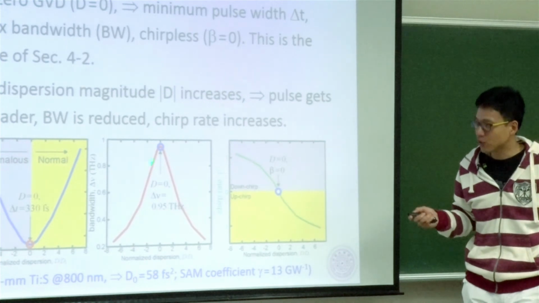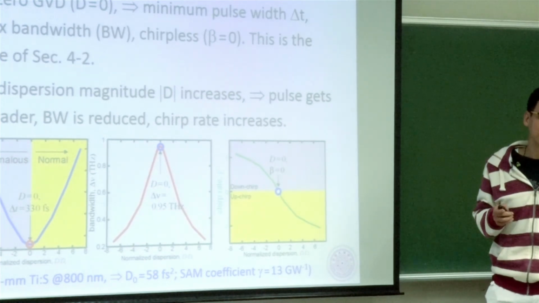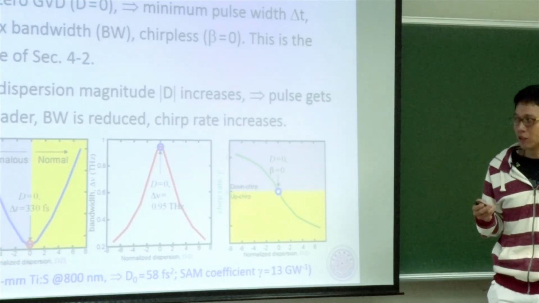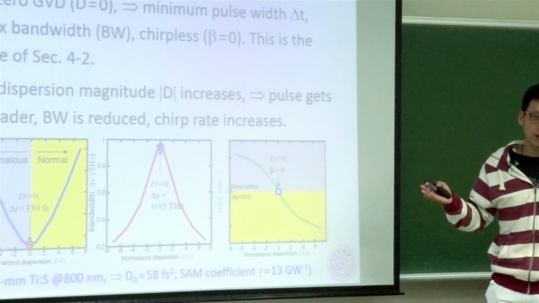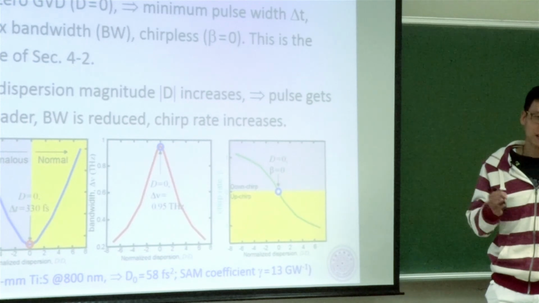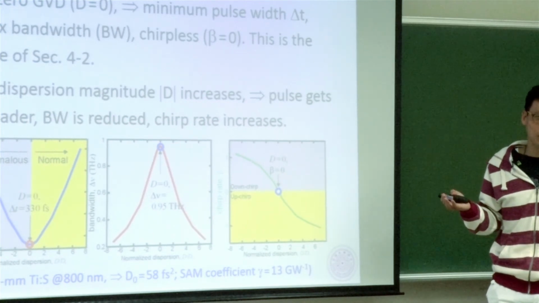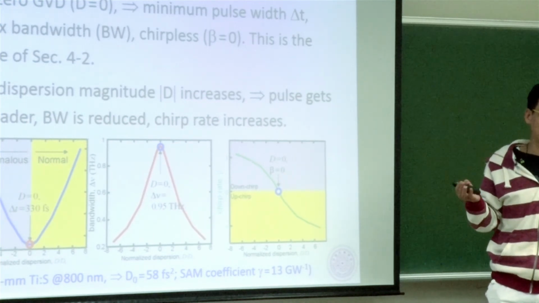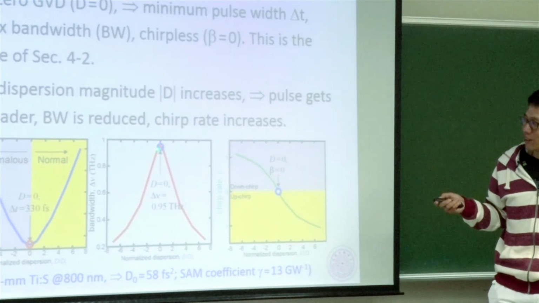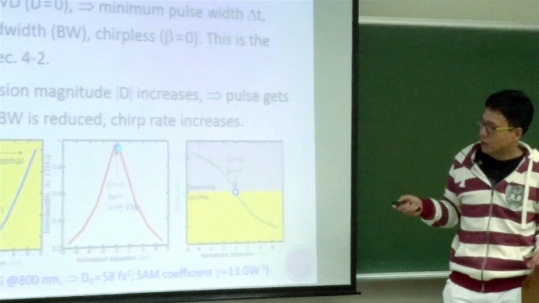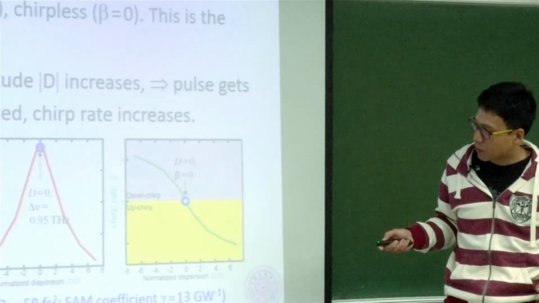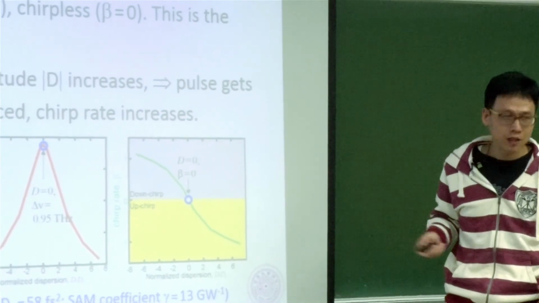How about the bandwidth change? Intuitively, if your pulse duration is broader, your bandwidth is narrower, right? But it's a qualitative description. How about the quantitative description? Here, the maximum bandwidth is about 1 terahertz, but the minimum bandwidth is about 0.5 terahertz.